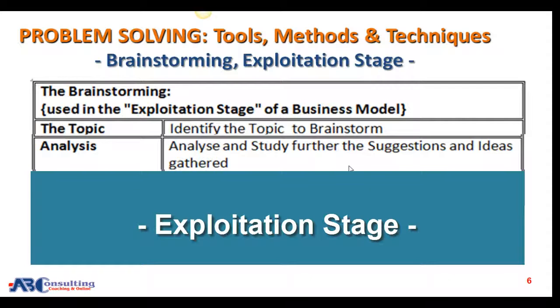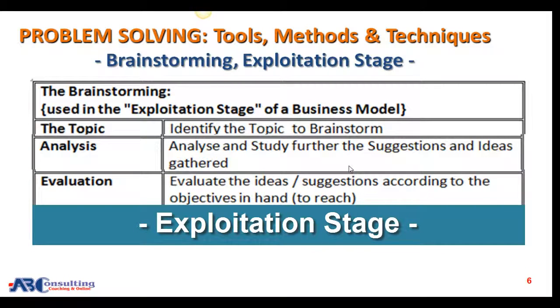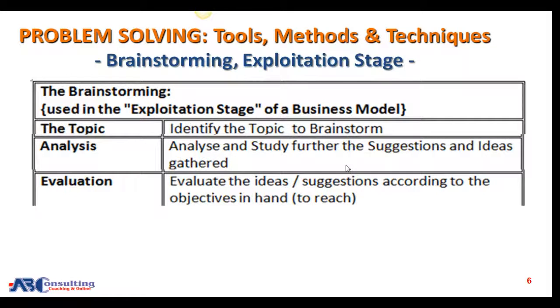That analysis is better evaluated. That is, we evaluate the ideas and the suggestions according to the objectives in hand, because ideas can be generated, but they can divert out of the vision of the brainstorming, of the objectives of the brainstorming as it has been set out before starting.